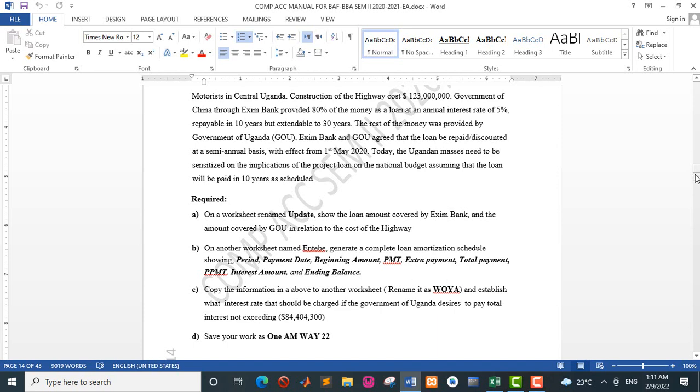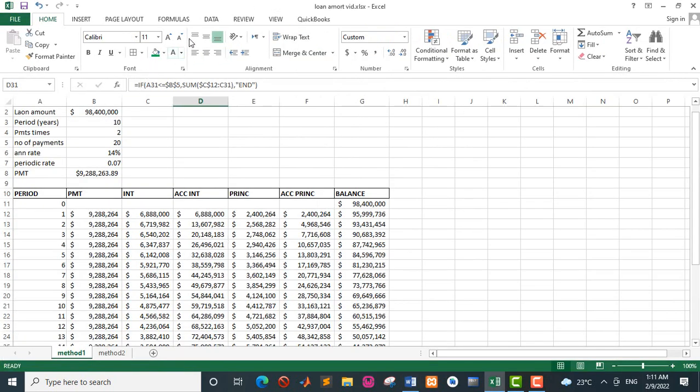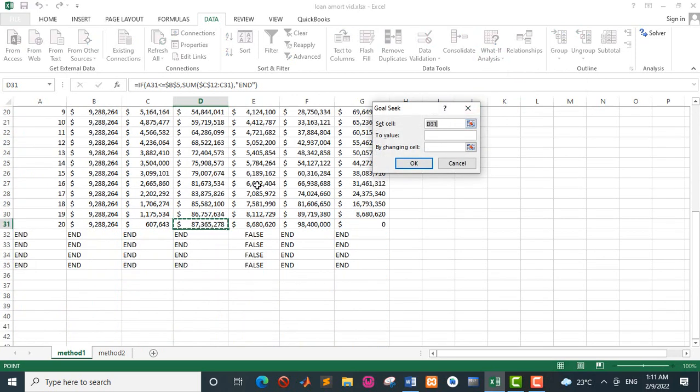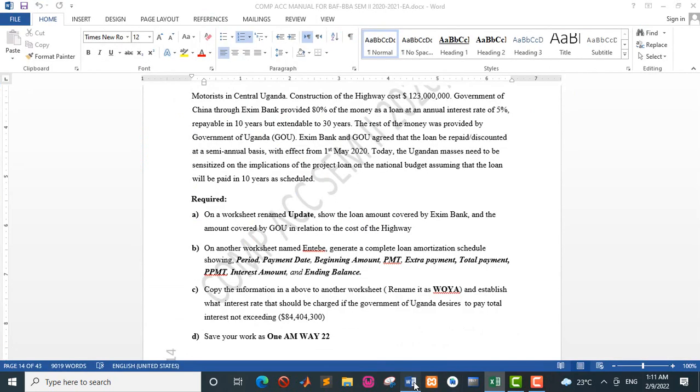You'll go to data menu, then you go to what if analysis, then goal seek.